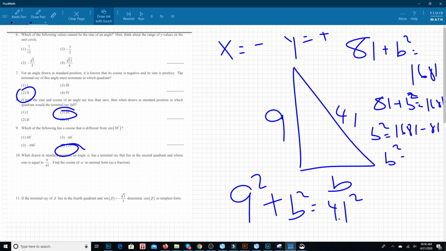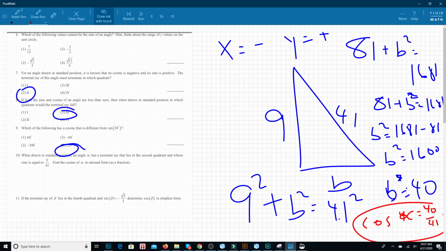B squared equals 1600. It just leaves us with 40. So you're going to have 40 over 41. So b equals 40. So your answer is cosine alpha equal to 40 over 41. Everyone see that?